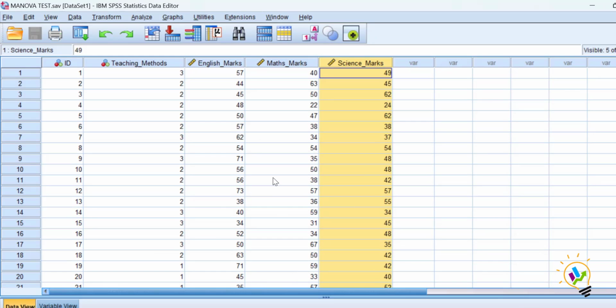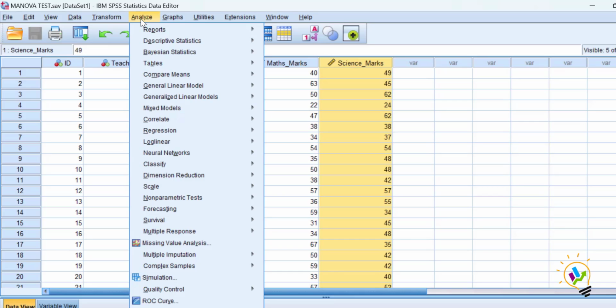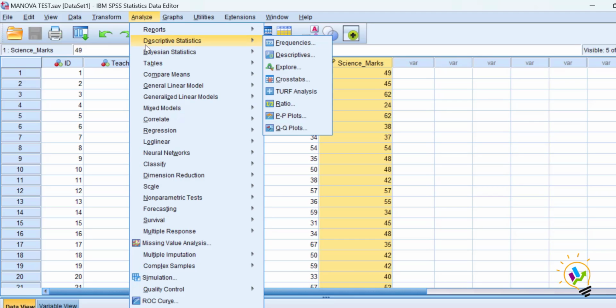So we'll go here. We need to do the normality test individually for each dependent variable. We'll do it for English marks, mathematics marks and science marks. Let's analyze. Analyze, in this descriptive statistics, and within this we need to do Descriptives and then Explore.